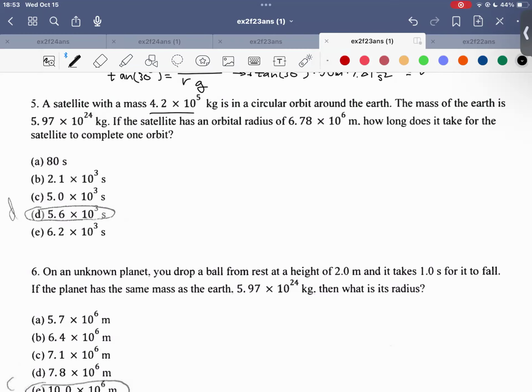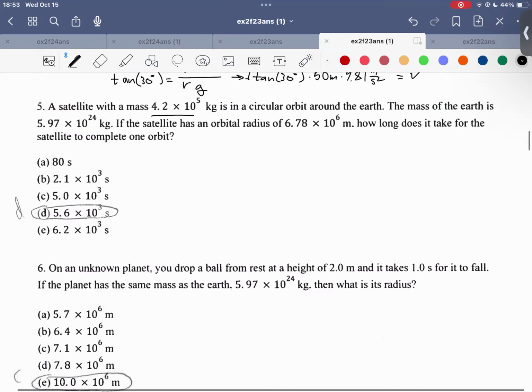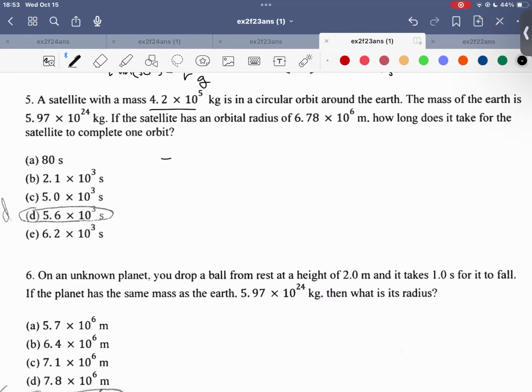So again, we can use this formula, I think. T equals 2 pi r to the 3 halves over square root of GME.